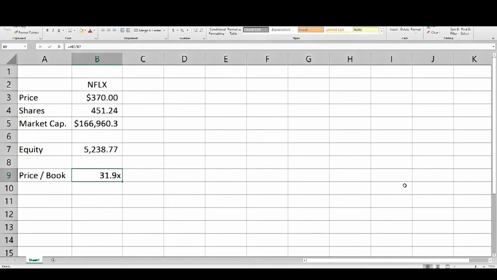Or it just could be overvalued, but you'd have to do a deeper dive. The price to book ratio isn't going to be the best metric to use when valuing or trying to understand Netflix. You'd probably want to use better metrics out there.